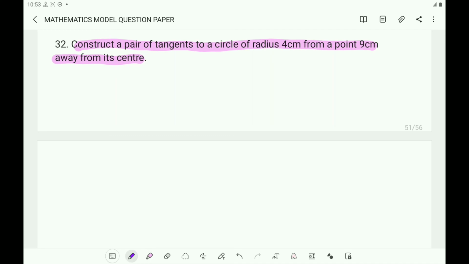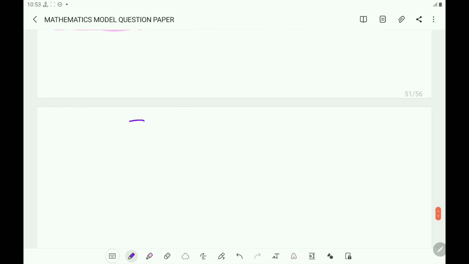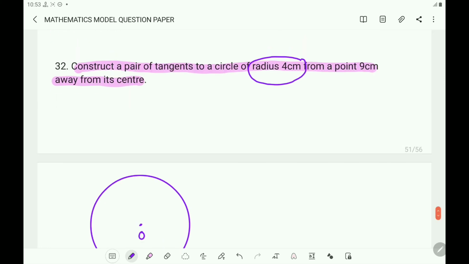So in the first step, what do we have to do? You have to draw the circle of radius 4 cm. Take a compass and draw a circle of radius 4 cm. Measure 4 cm and draw the circle, and mark the center. The external point is 9 cm away from the center.